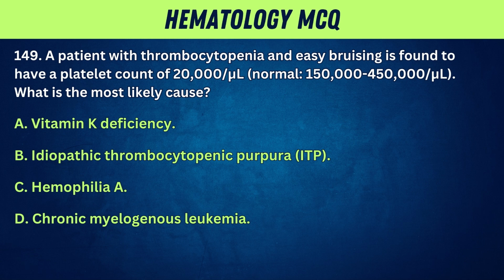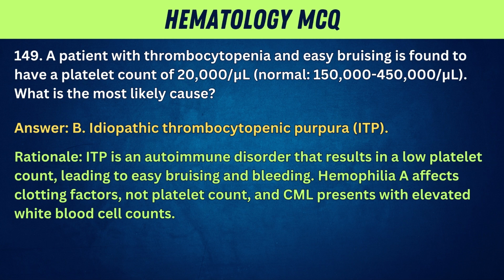C. Hemophilia A. D. Chronic myelogenous leukemia. Answer: B. Idiopathic thrombocytopenic purpura, ITP. Rationale: ITP is an autoimmune disorder that results in a low platelet count, leading to easy bruising and bleeding. Hemophilia A affects clotting factors, not platelet count, and CML presents with elevated white blood cell counts.